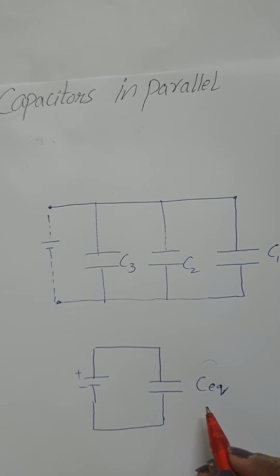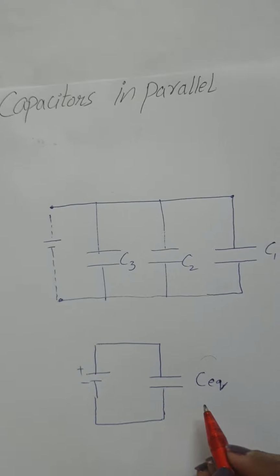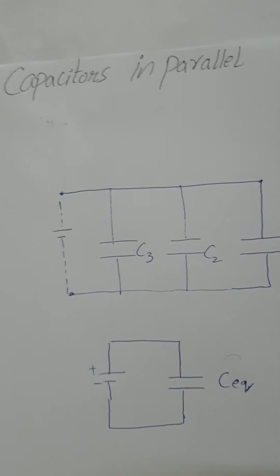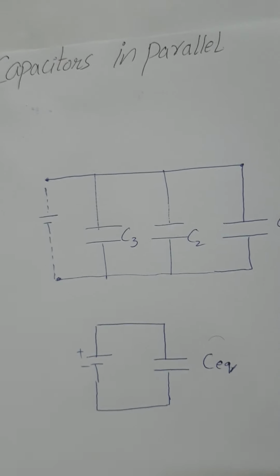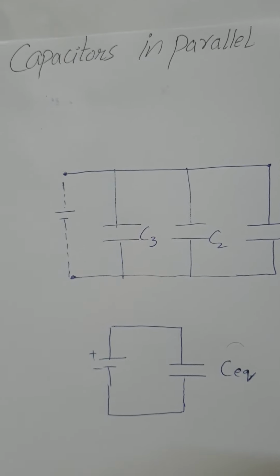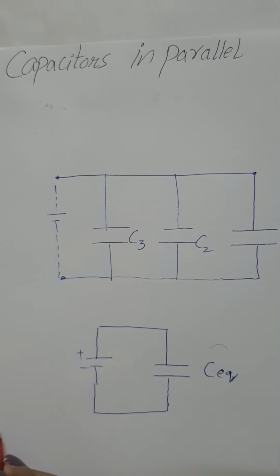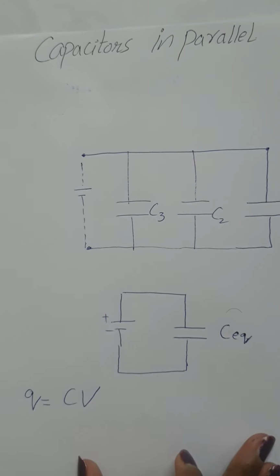So the equivalent capacitor has the same total charge Q and the same potential difference as the actual capacitors. For equivalent capacitance, let's start from Q is equal to CV.